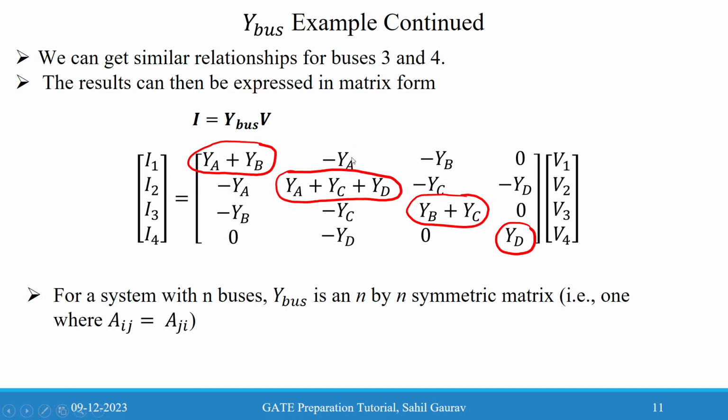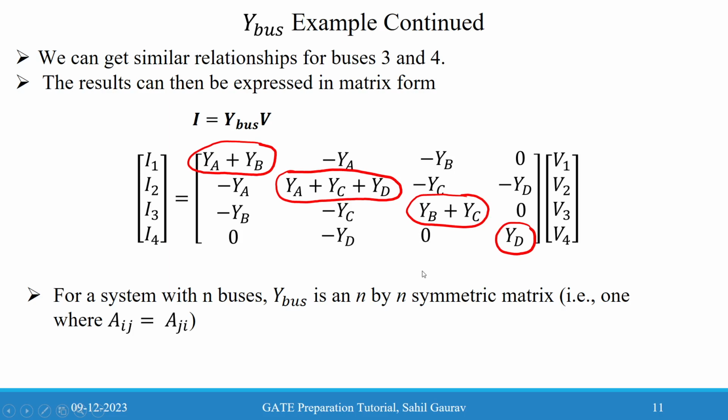Y12 is the negative of the admittance value of the element that is connected between bus 1 and bus 2, and this is the y13. So it is the negative of the admittance of the line that is connected between bus 1 and bus 3. And see, this is a symmetric matrix.